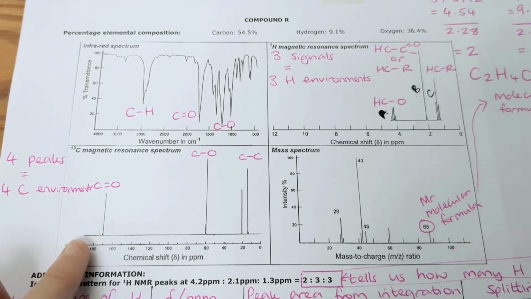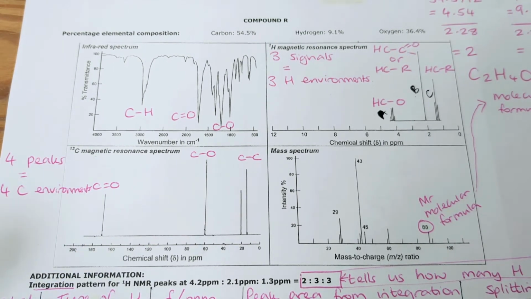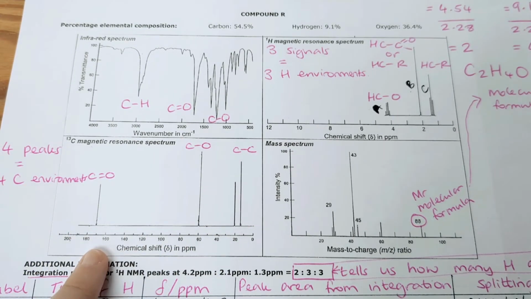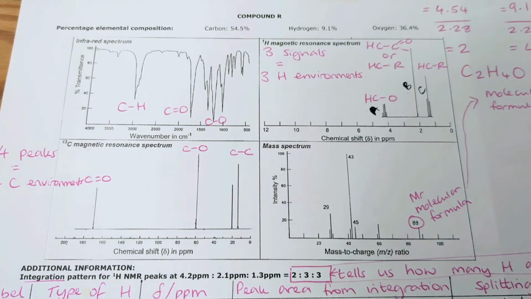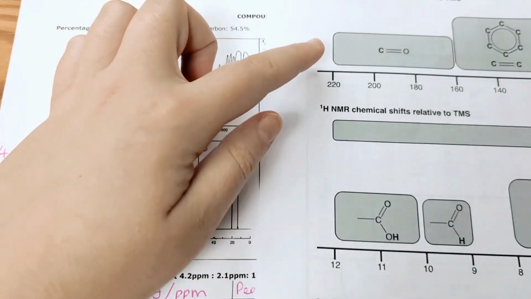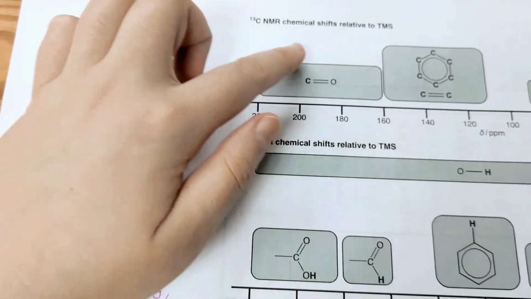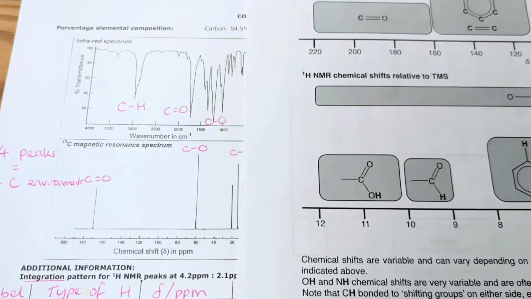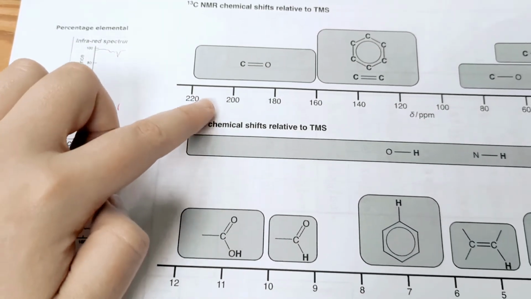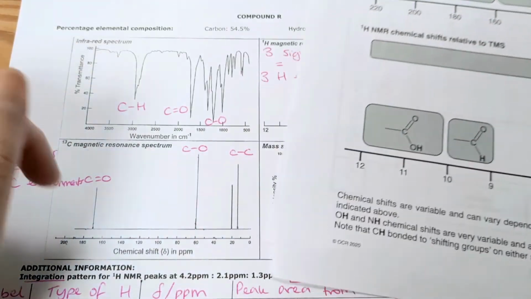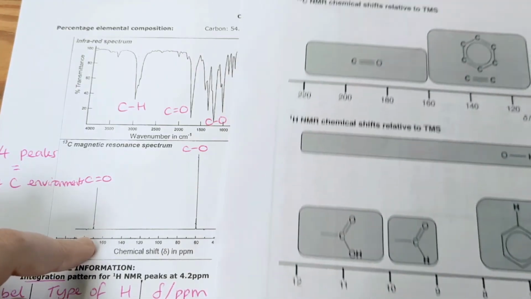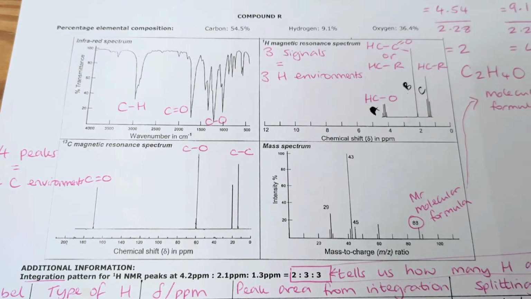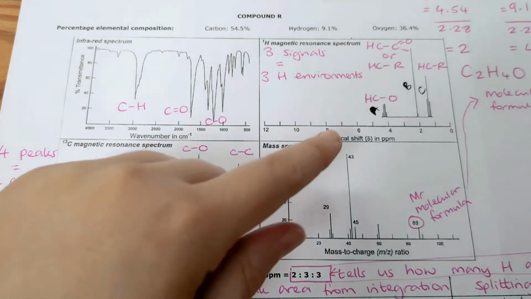Next, we'll look at the carbon NMR spectrum, and with the use of a data sheet, we can identify the types of carbon from the chemical shift values. I've got a data sheet here, so this one has the chemical shifts for the carbon NMR, and this one has the chemical shifts for the proton NMR, and this is what I'm using. So I'm looking at the values on this x-axis and comparing them to those on here to identify the type of carbon. And we can do the same thing for the proton NMR.